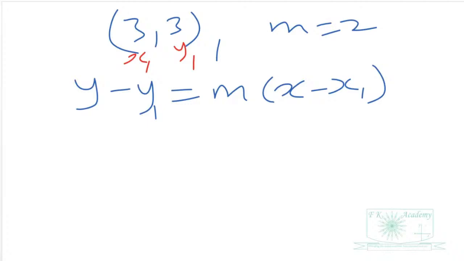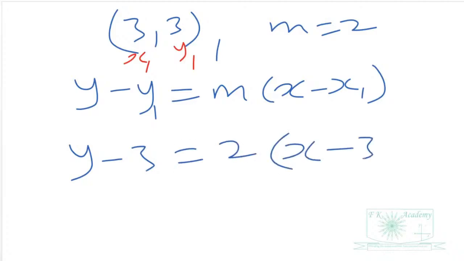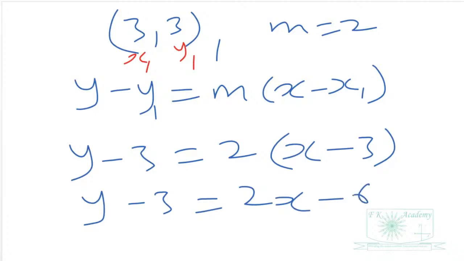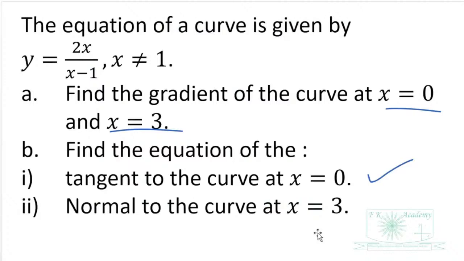So that will give us y minus 3 is equal to 2 into bracket x minus 3. So we have y minus 3 will be equal to 2x minus 6. So y will be equal to 2x minus 6 plus 3, and that will give us negative 3. So that is the equation of the normal to the curve at x equal 3.